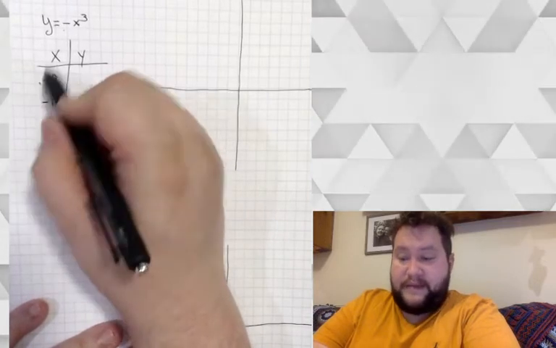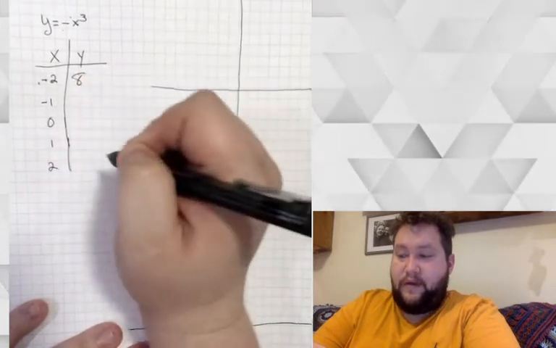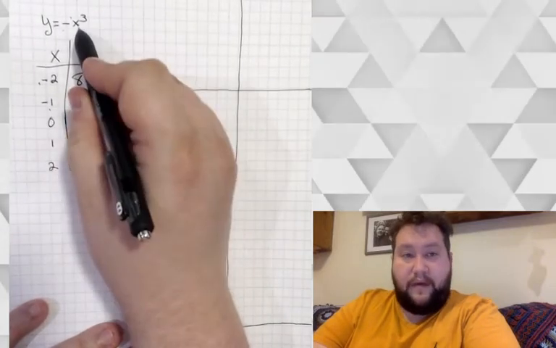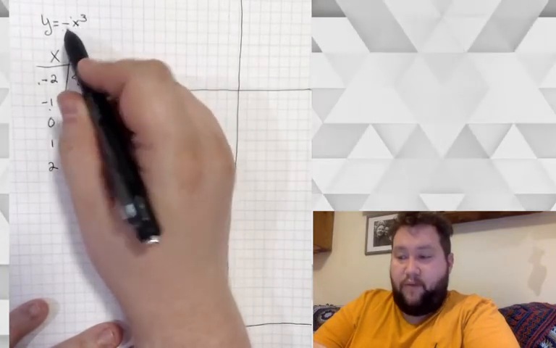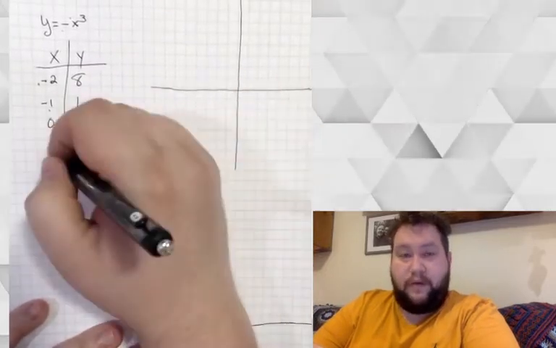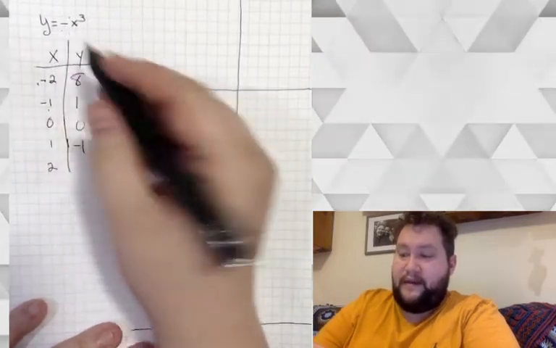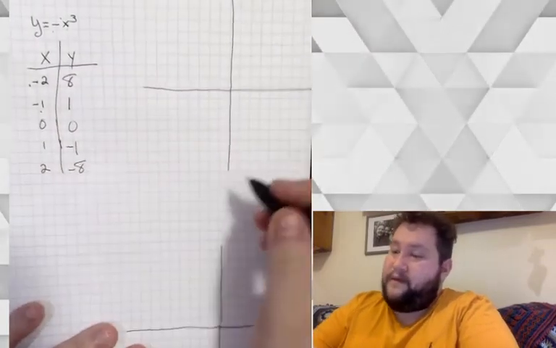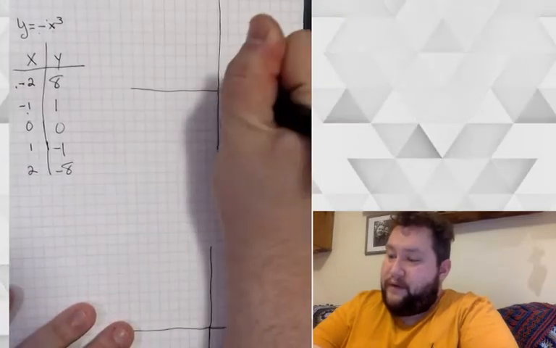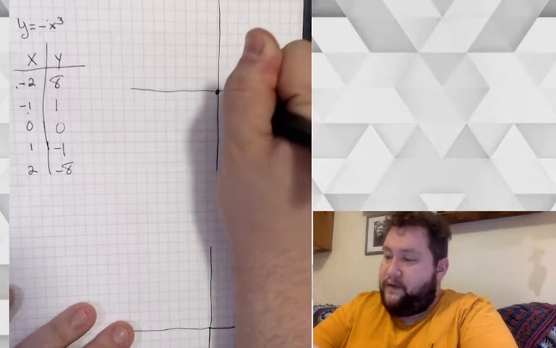And we take the opposite of that, positive 8. Negative 1 cubed is negative 1. Take the opposite of that, 1. 0, 0. 1 cubed is 1. Take the opposite. 2 cubed is 8. Take the opposite. And so we have the points 0, 0, 1, negative 1, and 2, negative 8.